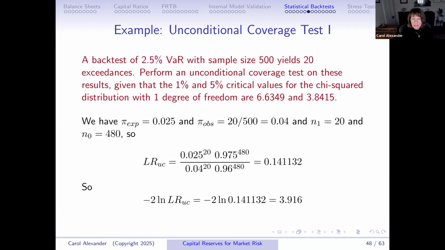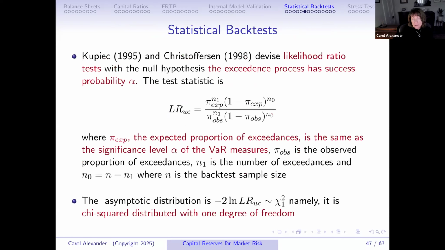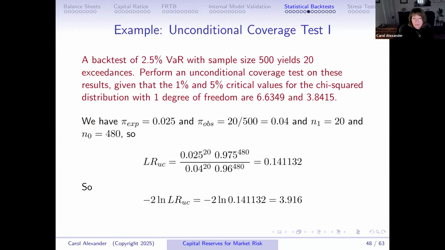So we've got to calculate the statistic LR, using pi x is 2.5%, so that's 0.025. And how many exceedances were there? There were 20 exceedances out of 500, so pi obs is 0.04.